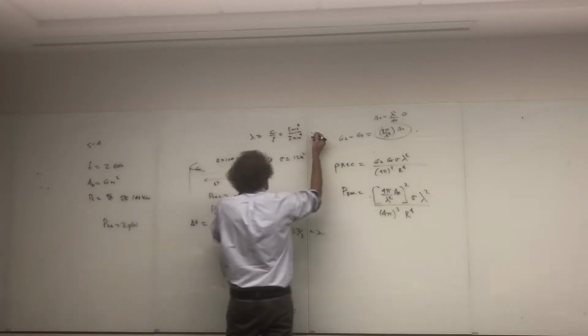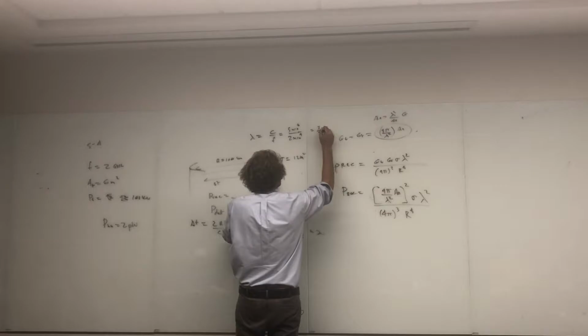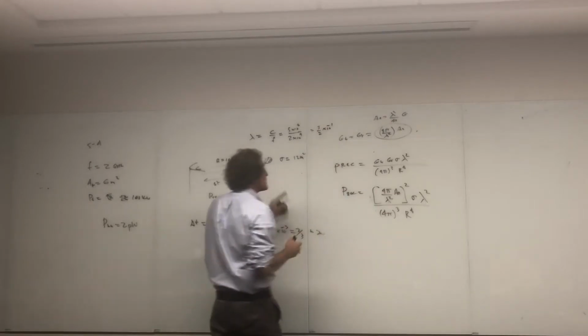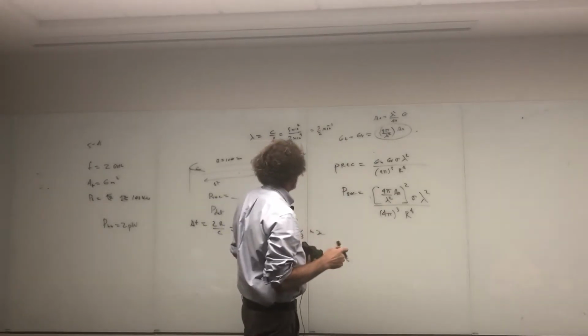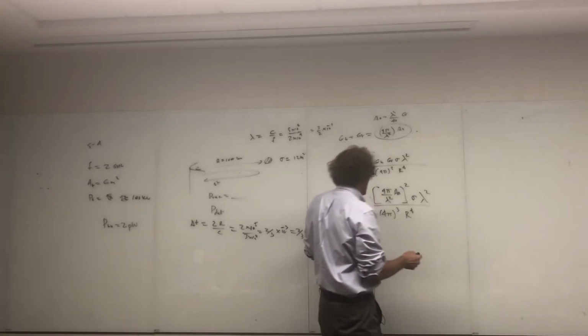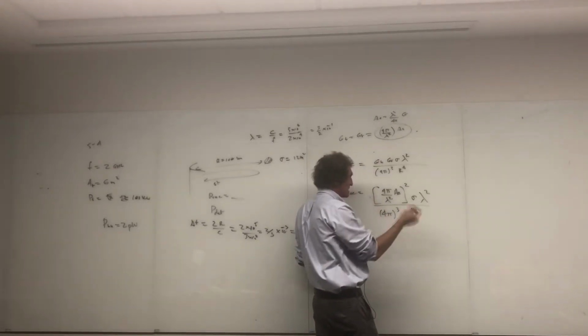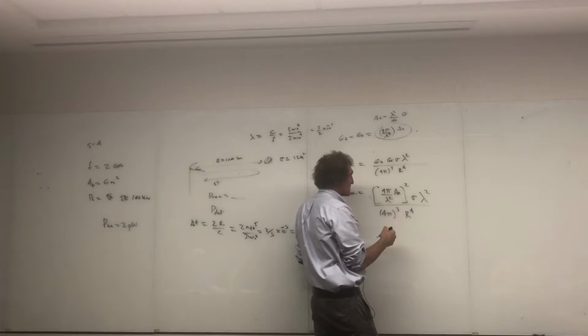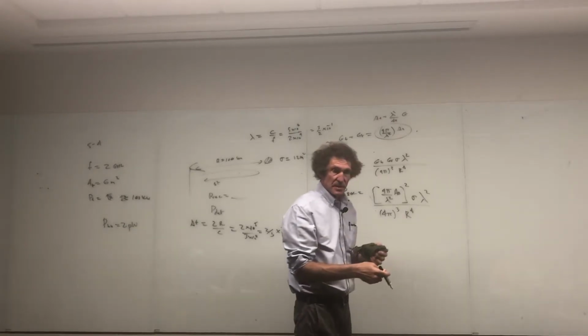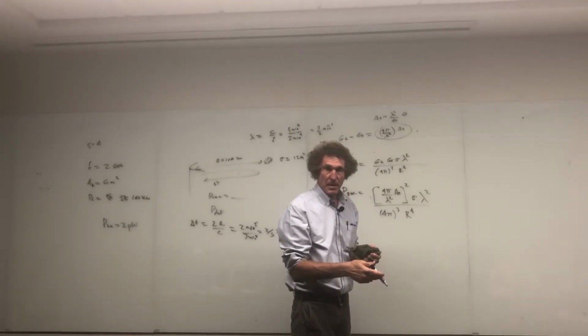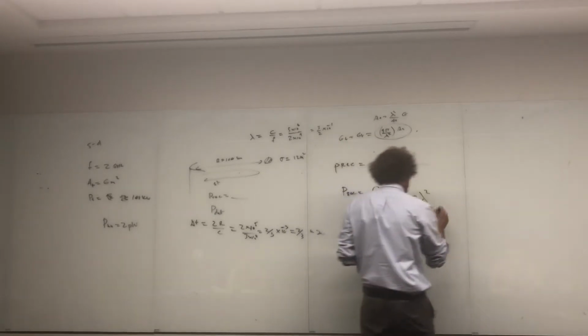That's 3 halves times 10 to the minus 1, or 0.15 meters. If you want, you can cancel some of these things. I'm going to leave it like this for now because you can just plug in the numbers and give me the answer. What do you get for the final answer?